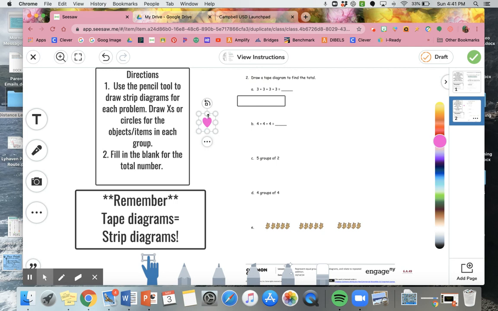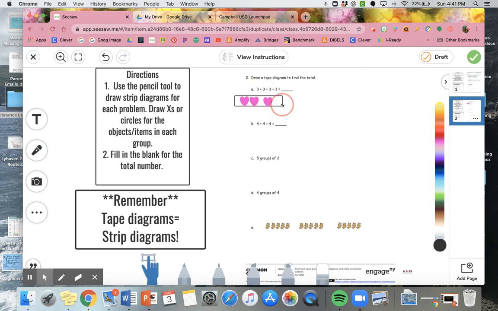Let me move this over here. And then you need to do 3 of them. If you go right here and go to duplicate, it'll make another one. So that's one way to make it a little faster.